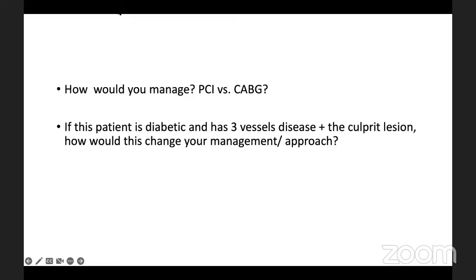And if the coronary arteries and the lesions are significant in 3 vessel disease, I think CABG is more prior to PCI.